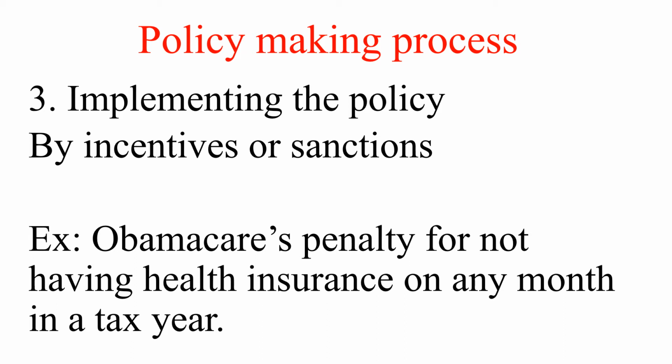An example of the sanction type of policy implementation would be the Obamacare penalty, which is around $695 for not having health insurance on any given month in a given tax year. This is that program's way of encouraging people to adopt a policy.